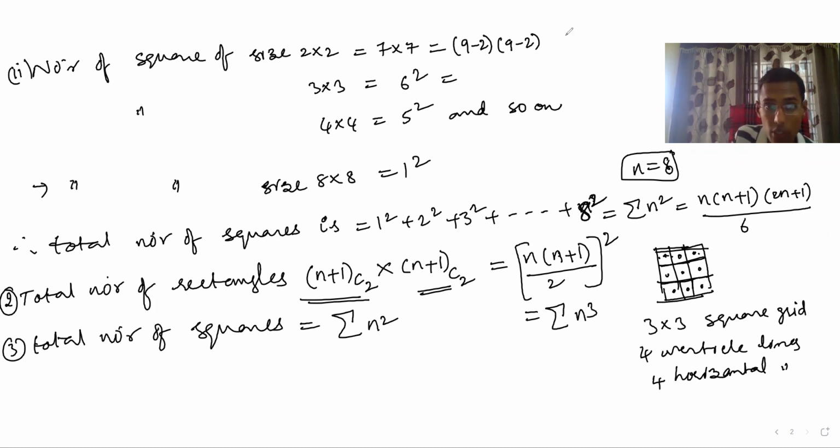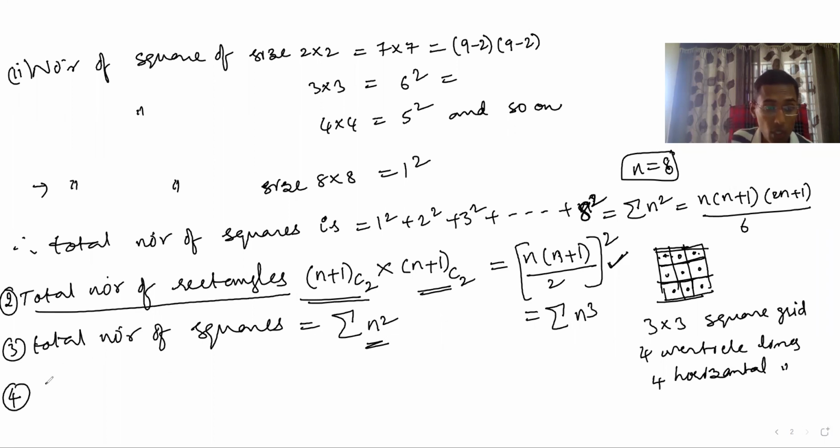All squares are also counted in the total number of rectangles, because every square is a rectangle, but every rectangle is not a square. So in this total number of rectangles, squares are also present. But total number of squares means summation n square.